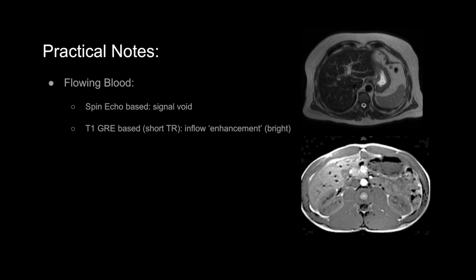So essentially, inflow is going to look bright on these T1 gradient echo based sequences. You often see this in the aorta, for example, at the superior aspect or the upper slices in the abdomen. And then in the lower slices in the abdomen towards the feet, you're going to see it in the IVC because venous blood obviously is going to flow from the legs up towards the heart.